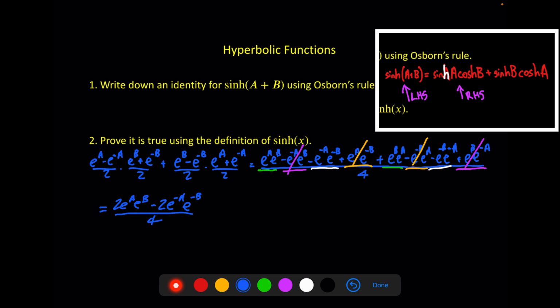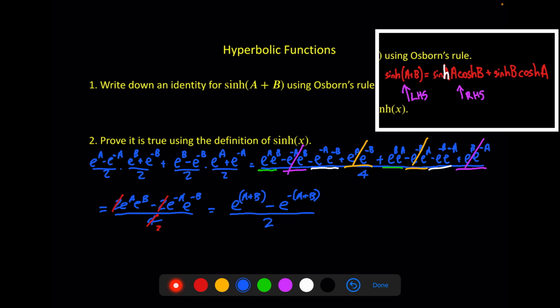Now, of course, I can also cancel my 2's with the 4, and using rules of indices, I can combine e to the A, e to the B as e to the A plus B, minus e to the minus A plus minus B, or minus bracket A plus B, divided by 2.